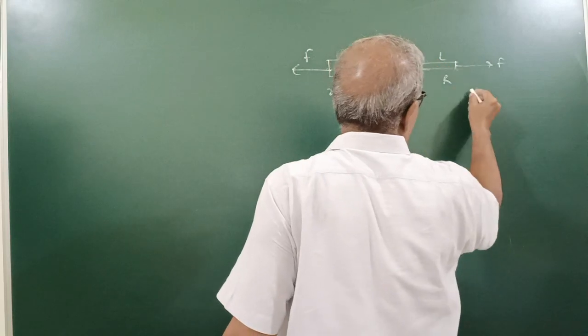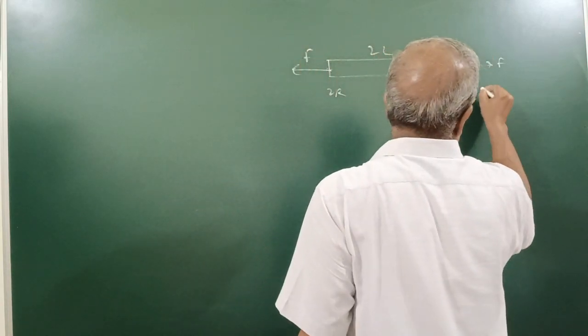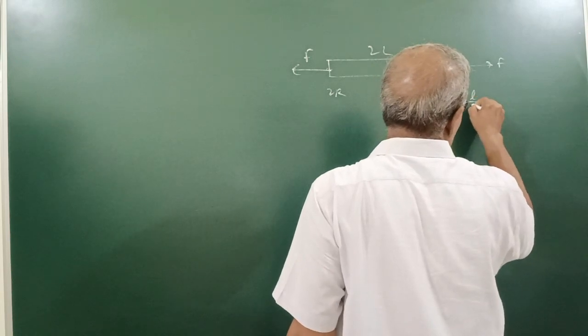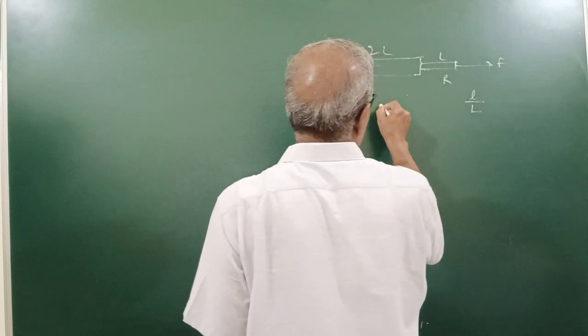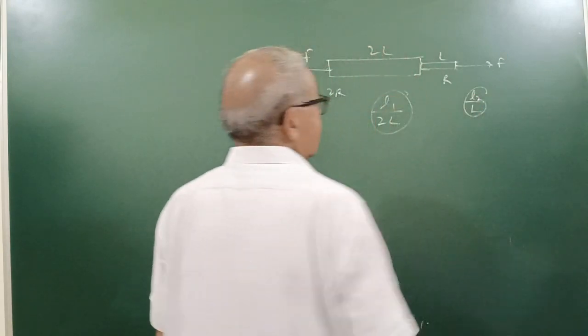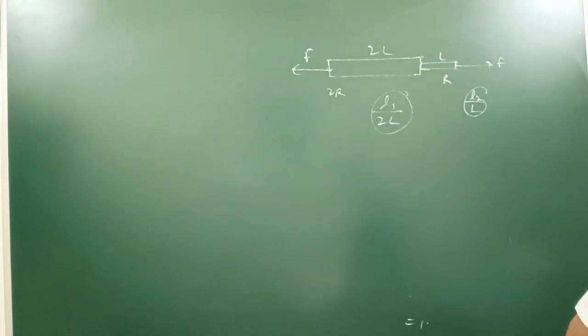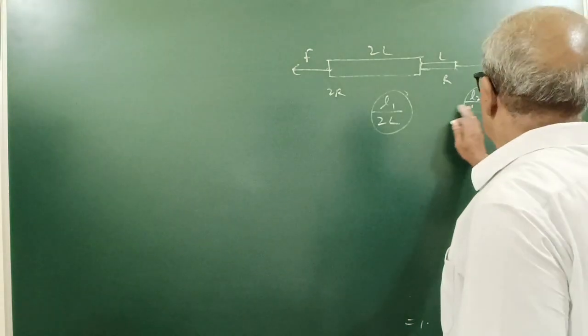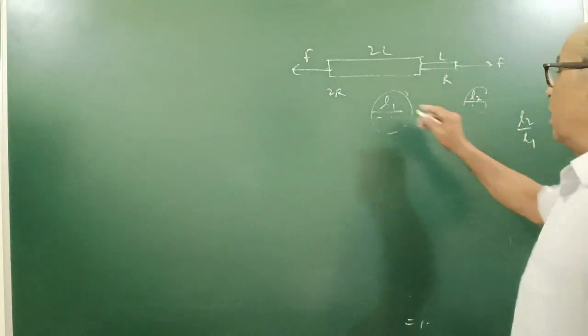You are asked the ratio L2 upon L1, where L2 is the increased length of this one and L1 is this one.